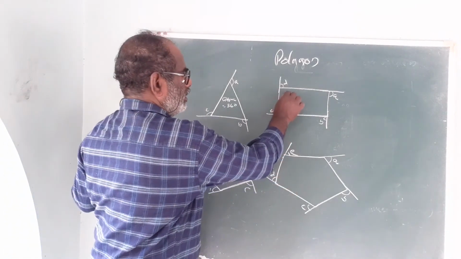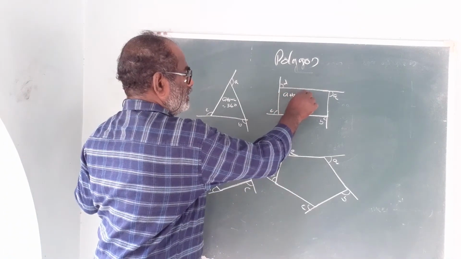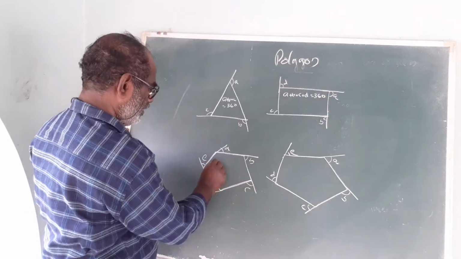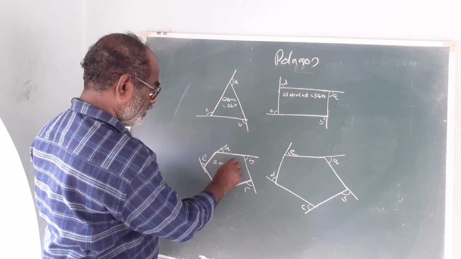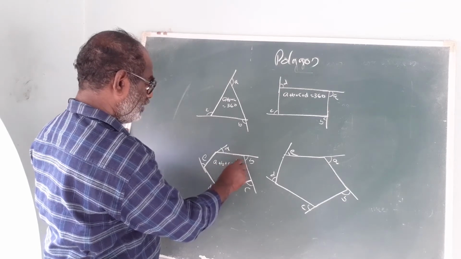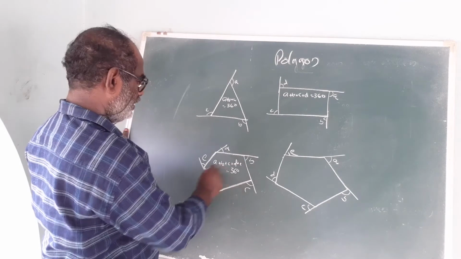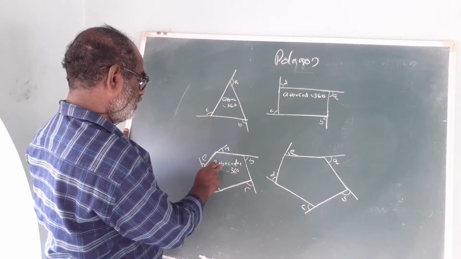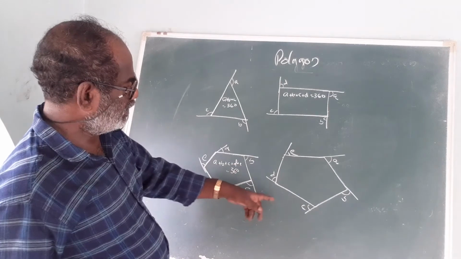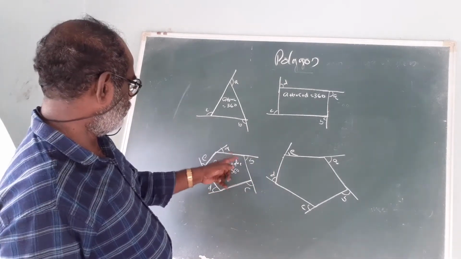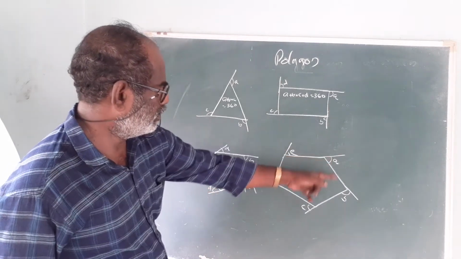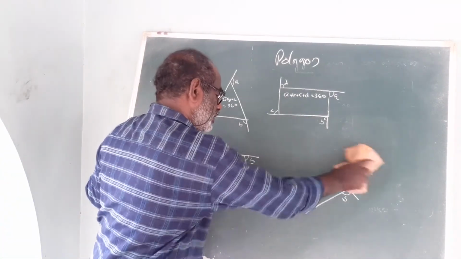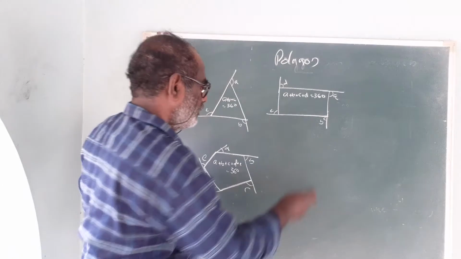Here A plus B plus C plus D is equal to 360. Here A plus B plus C plus D plus E is equal to 360. Both are pentagons only. So you can draw another figure.